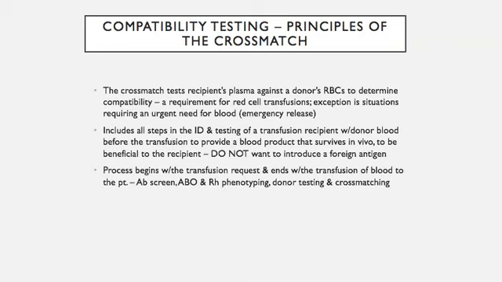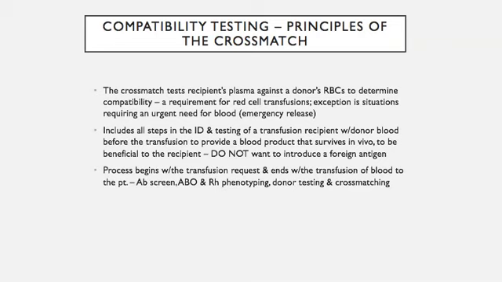So it's supposed to be beneficial to the recipient. We do not want to introduce a foreign antigen because, as we've talked about up until now, patients can build antibodies when they are exposed to an antigen that they do not already have, and that's done through pregnancy or transfusion. So we want to try to prevent that.